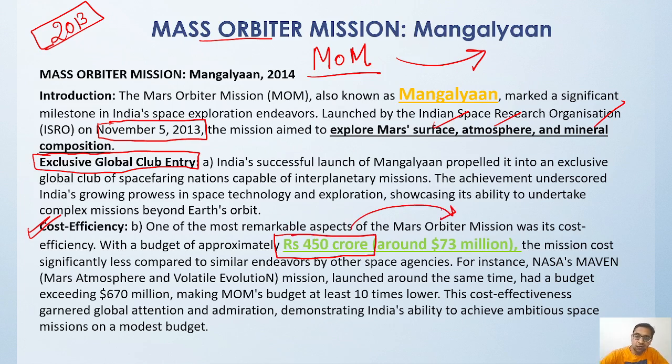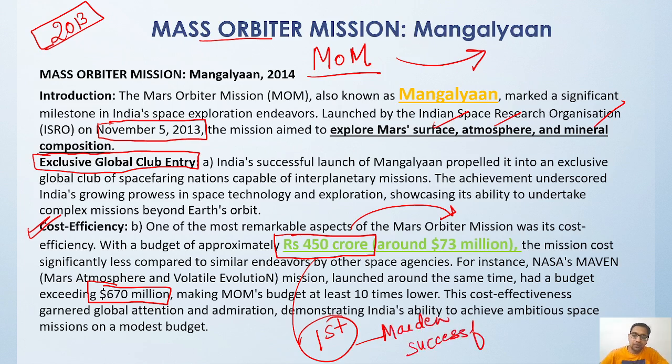And in that same year, NASA sent its own mission called the Maven mission, which cost $670 million. Yes, we know they may have different types of payloads, but India's first maiden mission was successful, created by our country.